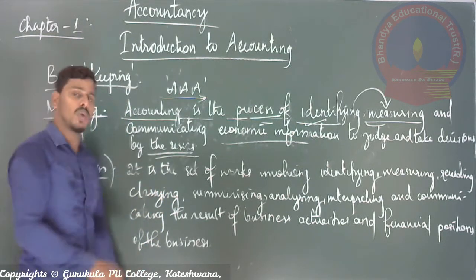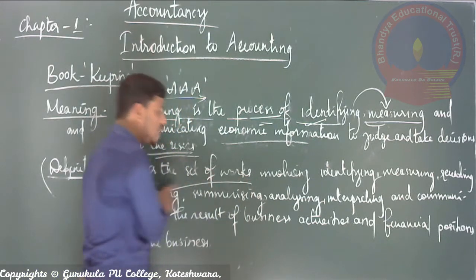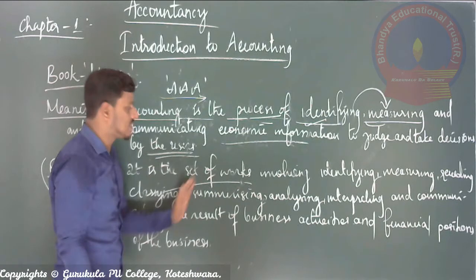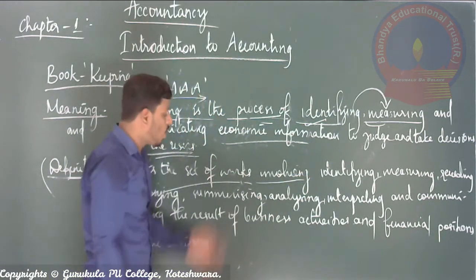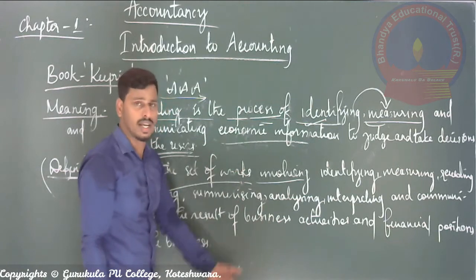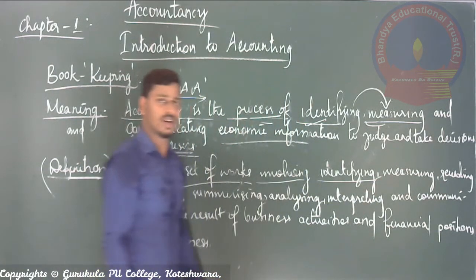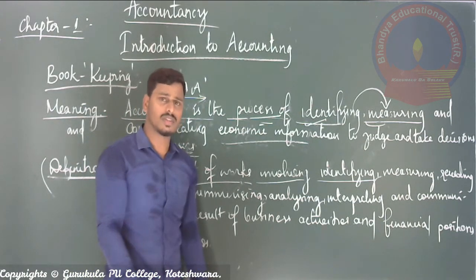So we'll see one more meaning. It is a set of works, as I told, a process. It is a series of activities or set of works. What kind of series of activities, what kind of set of works are involved here? It involves identifying, again it comes, right? So many transactions will be done in the organization, correct?